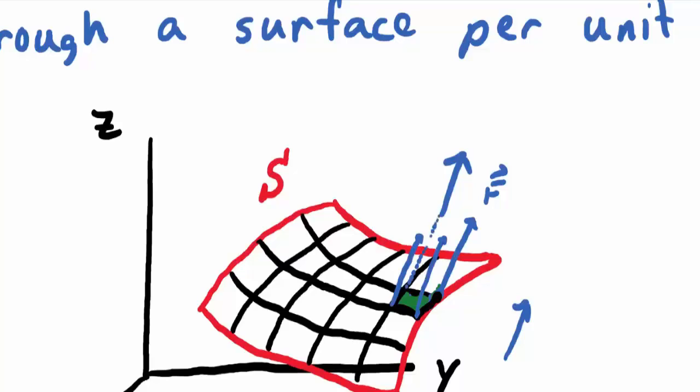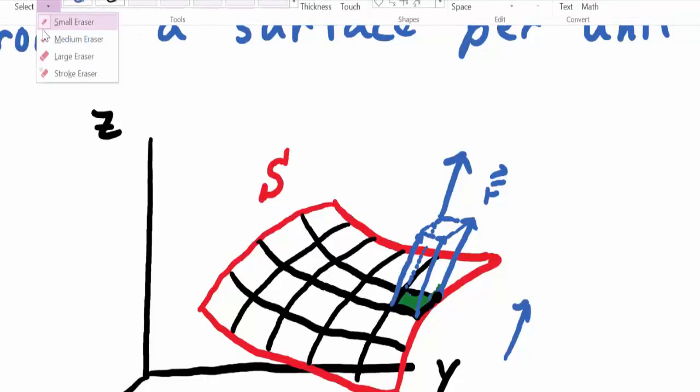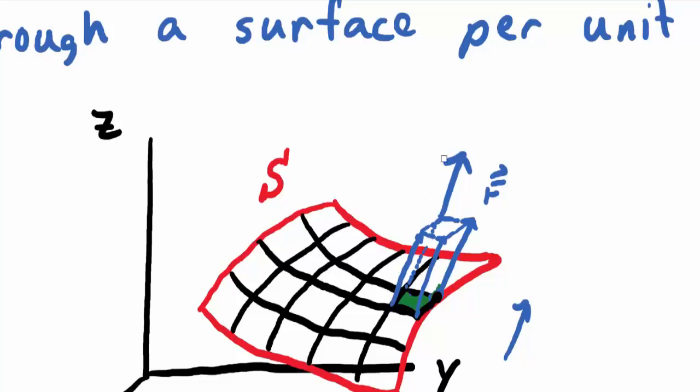What is this starting to look like? This, if I attach the vectors with edges, you can imagine, let me erase, this guy's gonna get in our way here. So remember, F is a velocity field of some fluid flowing, okay?